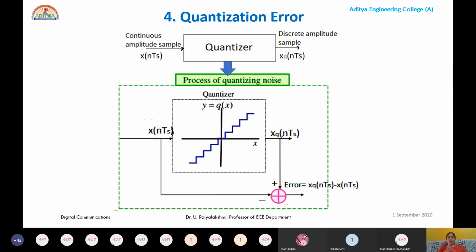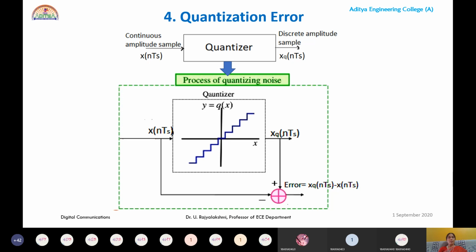Please observe this slide. Already we defined that the quantizer converts continuous amplitude samples into discrete amplitude samples. See here, why I represented x of nTs instead of x of t. Generally the signal is represented as x of t or y of t because it is a variable with respect to time.